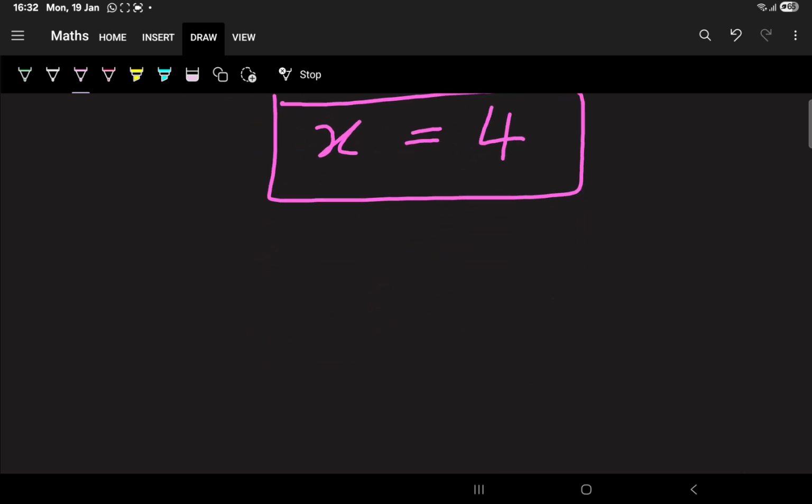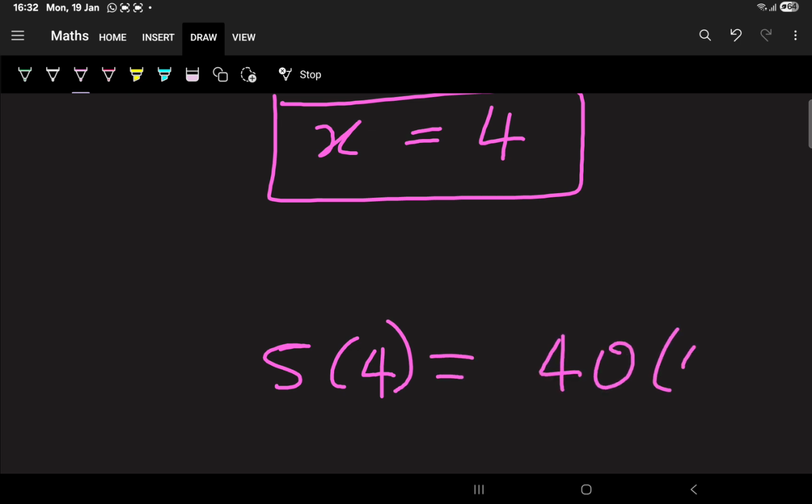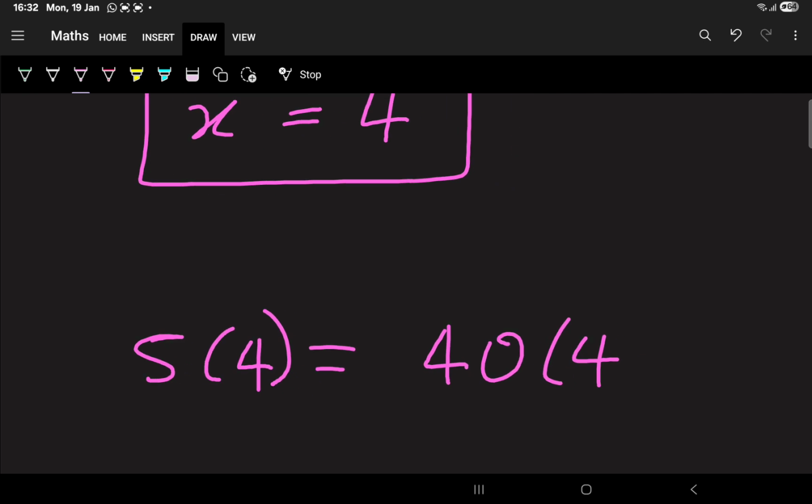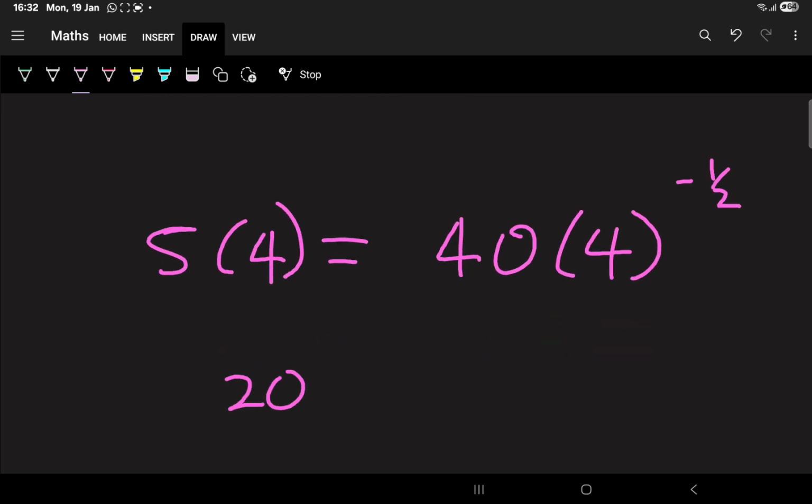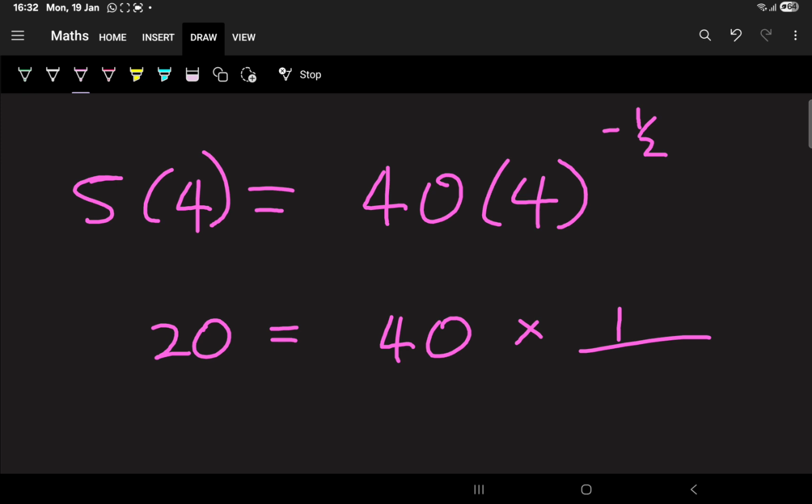Now to confirm if this is correct, I can simply substitute it back to the original question. So 5 into bracket 4 equals 40. Substituting 4 in place of x, reciprocal of negative 1 over 2. Now this is 20 on the left hand side. On the right hand side, I have 40 times 1 over 4 to the half power.